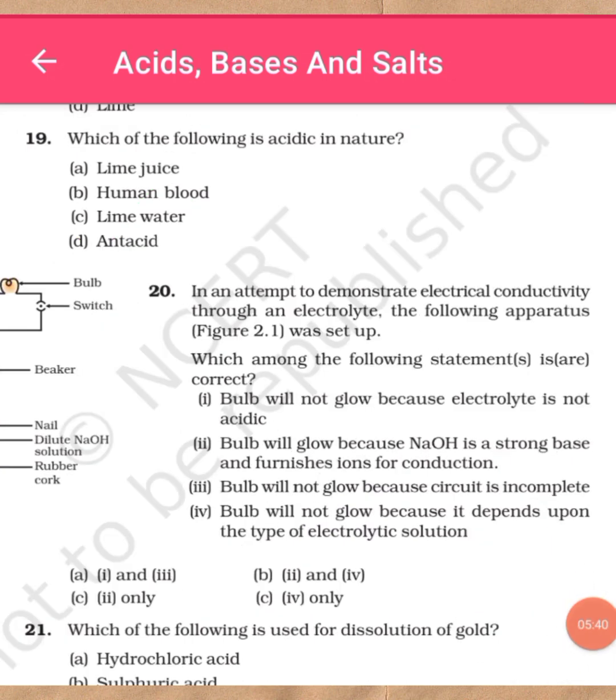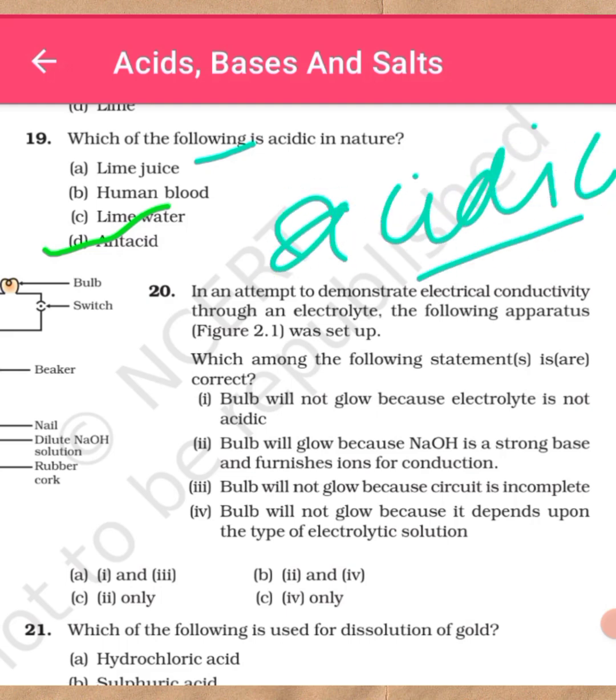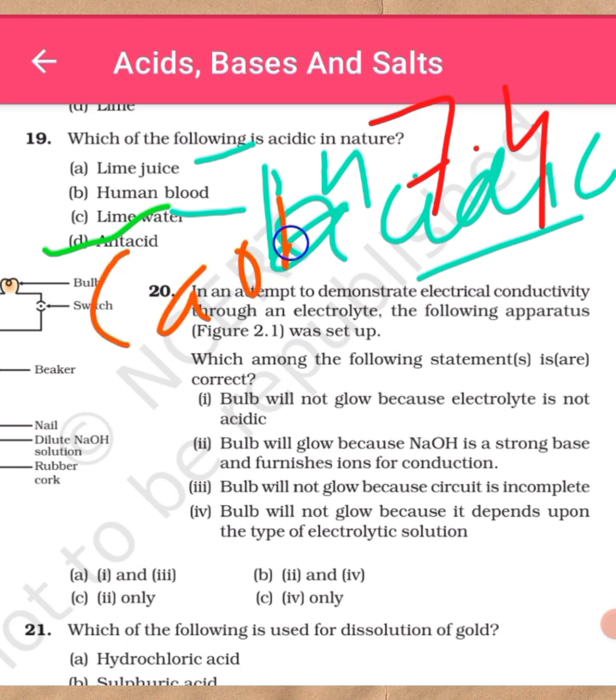Next question is question number 19. Which of the following is acidic in nature? First is lime juice. Lime juice can be acidic. Human blood, the pH of blood is 7.4. Lime water is Ca(OH)2, a base.